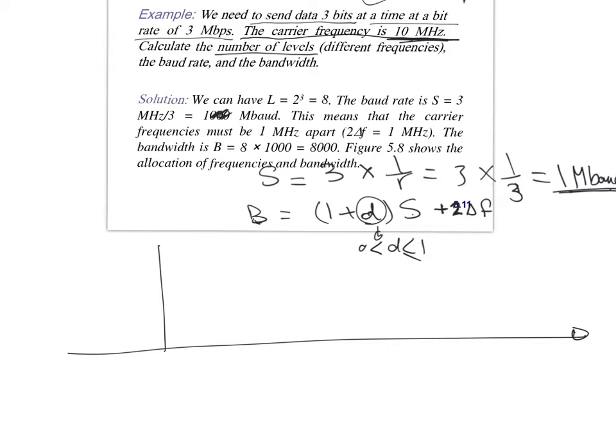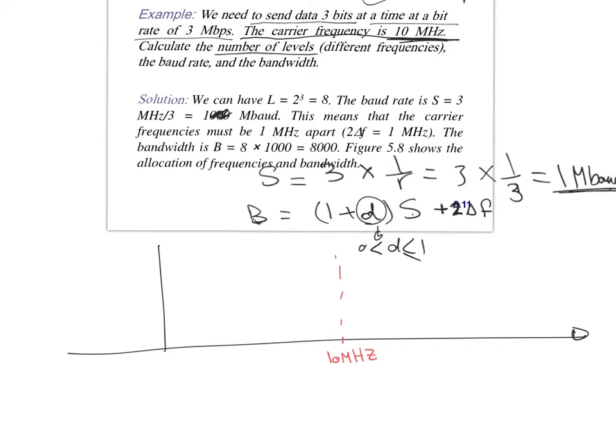So we have 8 different levels, or of course for FSK, the level for us is not a level of voltage. It's actually a different frequency. So we have 8 different frequencies, all of them around the 10 megahertz carrier frequency.